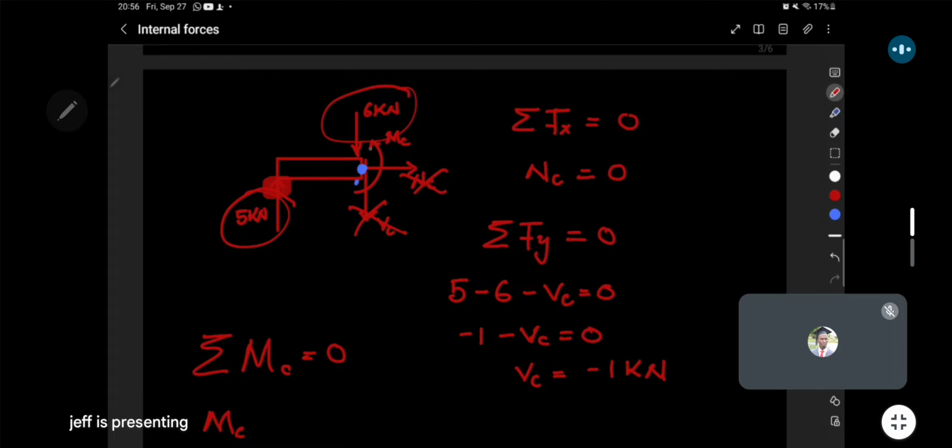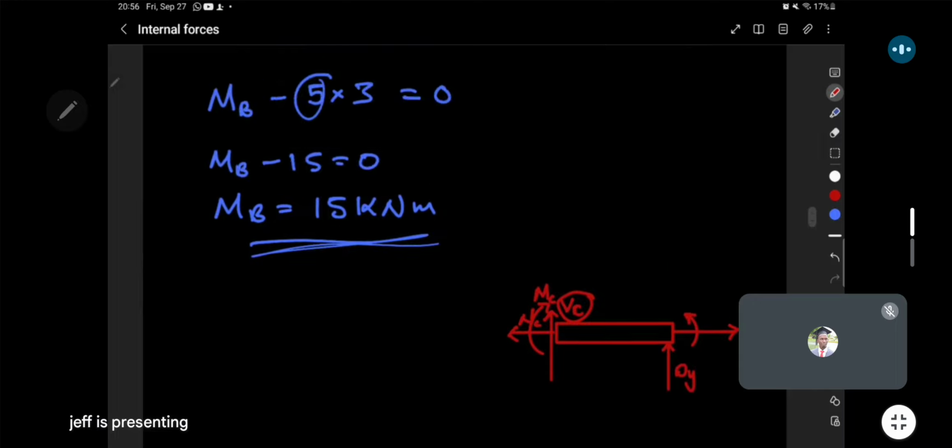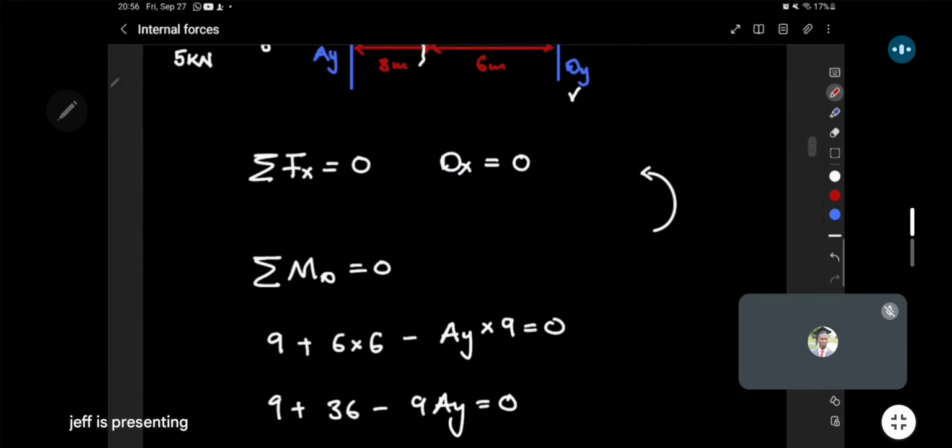But remember, the point C is close to where the 6 kilo is being applied. So let's go to the diagram again.